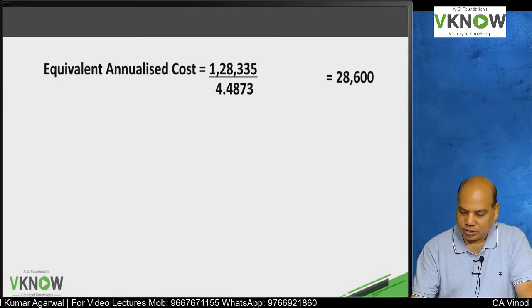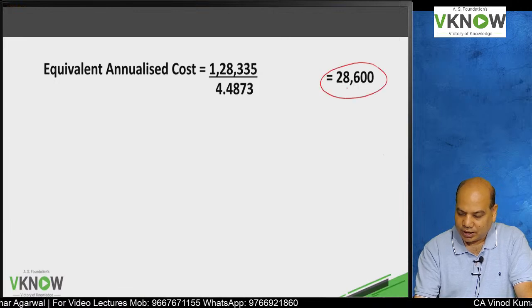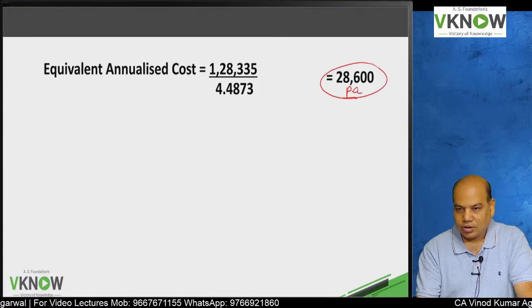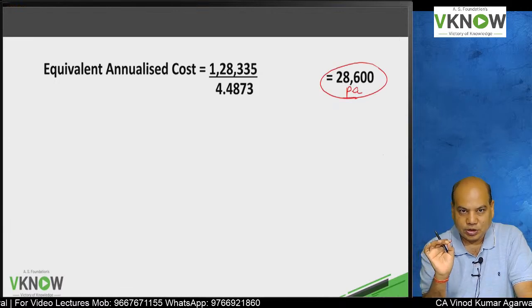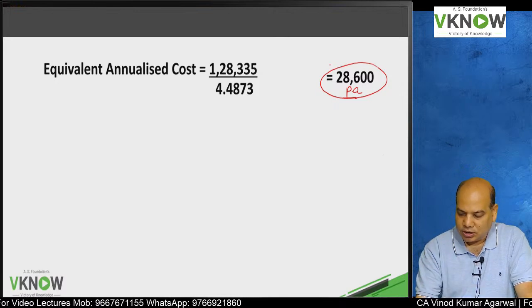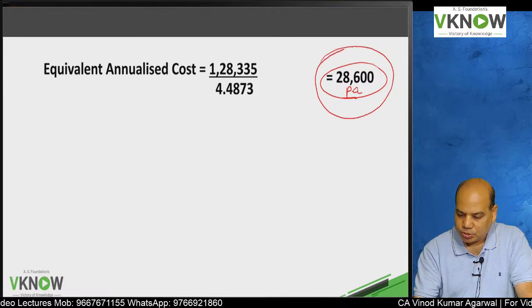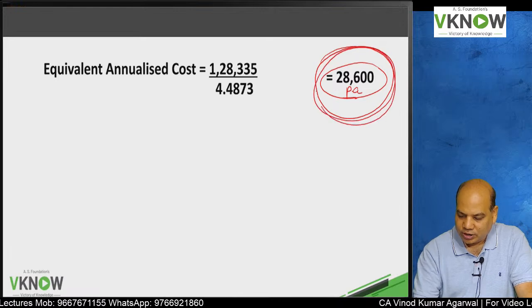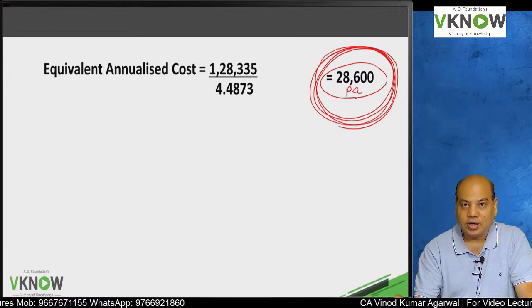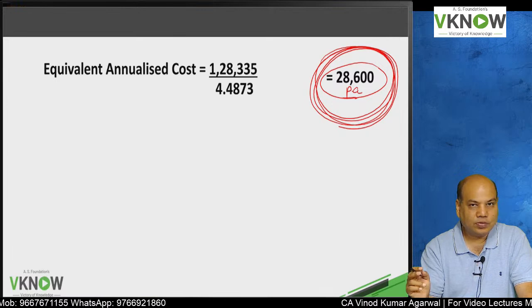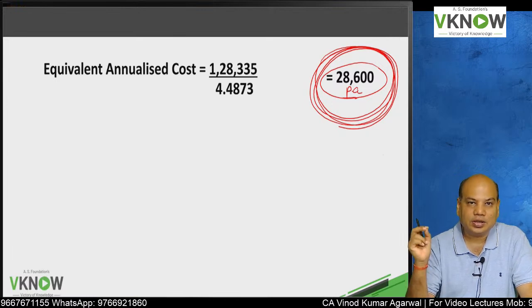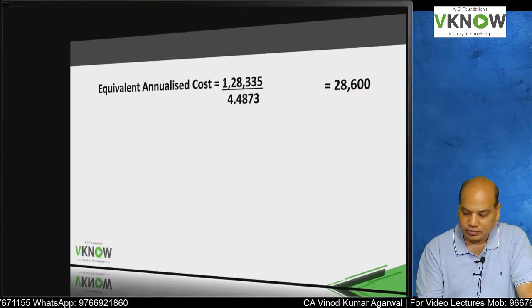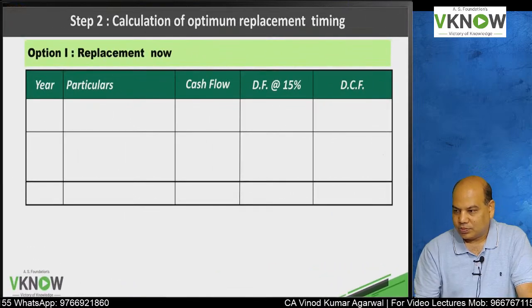What is 28,600? The per annum usage cost. If you purchase the new machine, it is equivalent to spending 28,600 per annum. Now write down step 2.